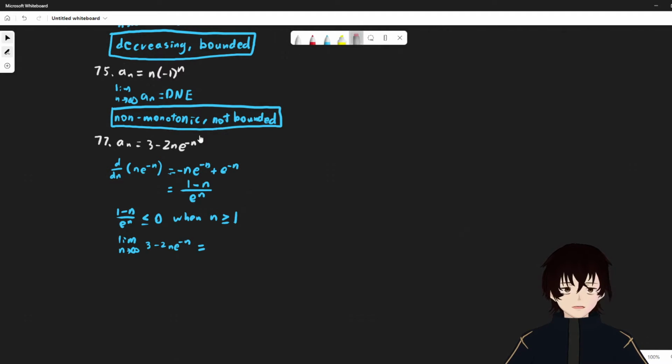Right, let's solve the limit without the 3 first, and without the minus 2. That would be equal to the limit as n approaches infinity of n over e to the power of n.